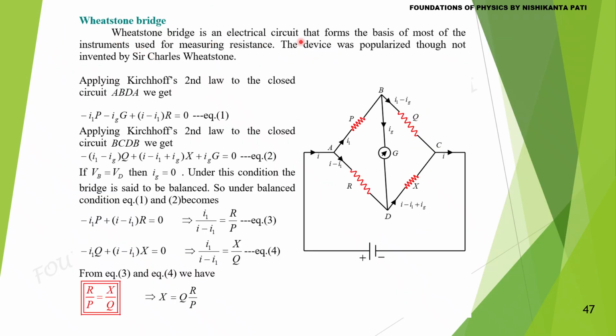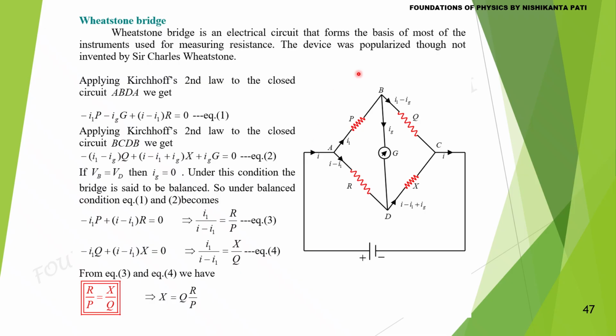Wheatstone bridge is an electrical circuit that forms the basis of most of the instruments used for measuring resistance. The instruments that you use in the lab for measuring resistance, the meter bridge, the potentiometer, the post office box, work on the principle of Wheatstone bridge. The Wheatstone bridge arrangement is shown here.